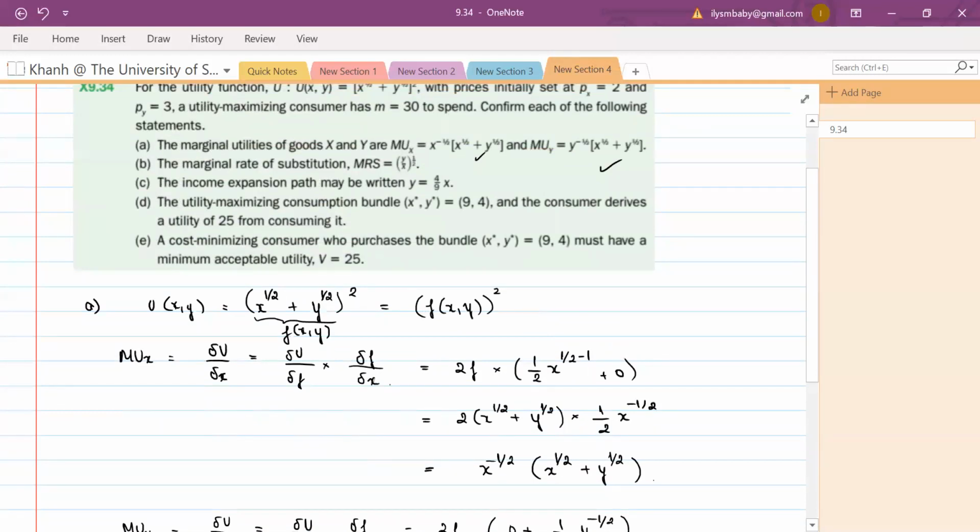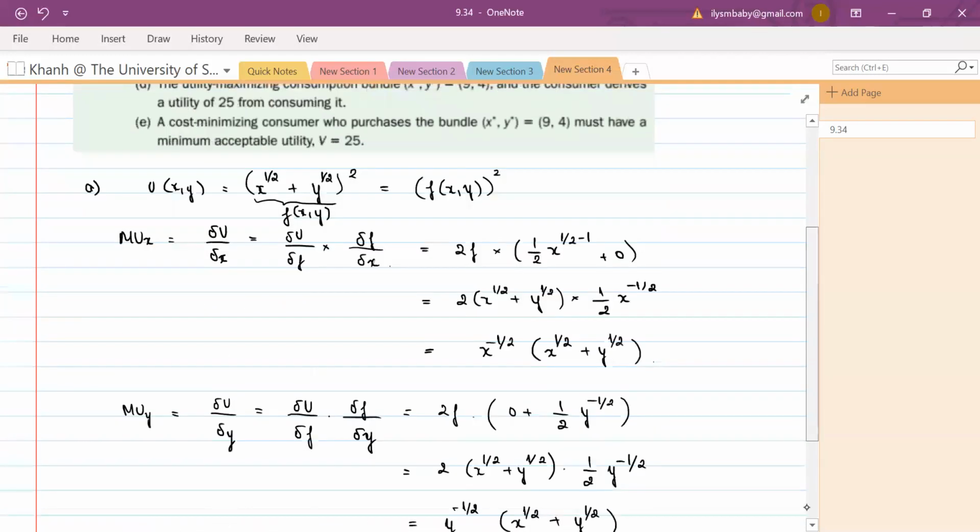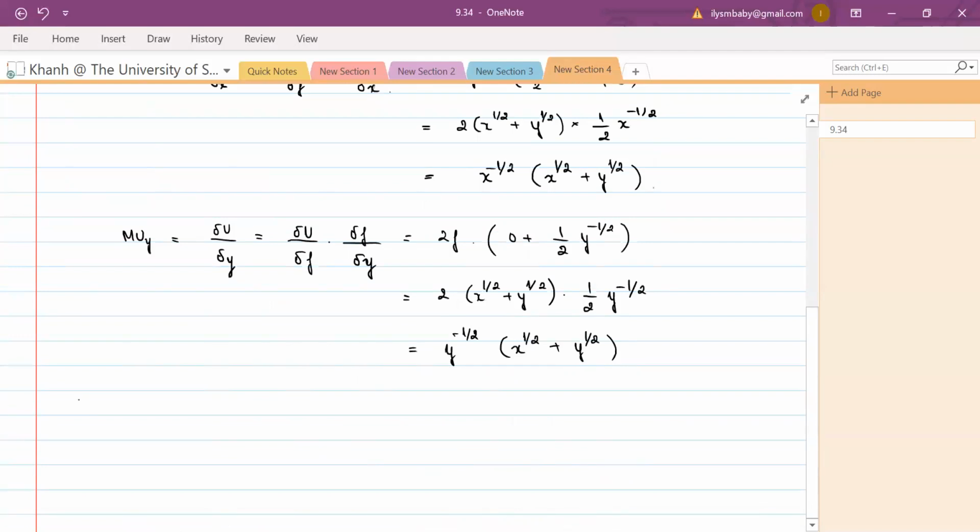Now part B, the marginal rate of substitution, we try to find. The marginal rate of substitution is just the negative of the marginal utility ratio, marginal utility of x over marginal utility of y.